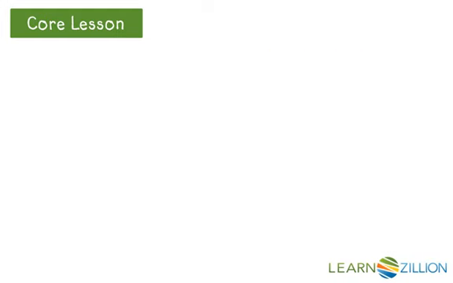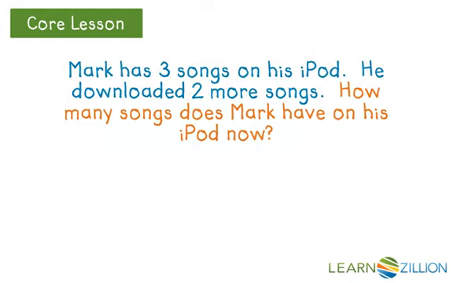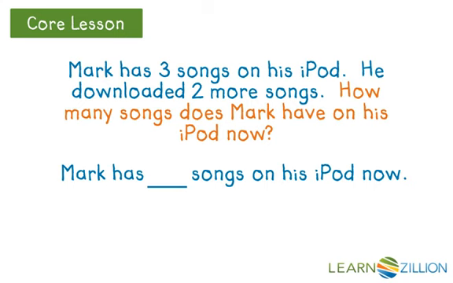We're ready to solve our problem. We have our fill-in-the-blank sentence. And I know that now we should go back and look at our information. Okay, I see that he has 3 songs and he got 2 more songs. So I can figure out how many songs he has now by adding 3 plus 2, and that gives me 5.